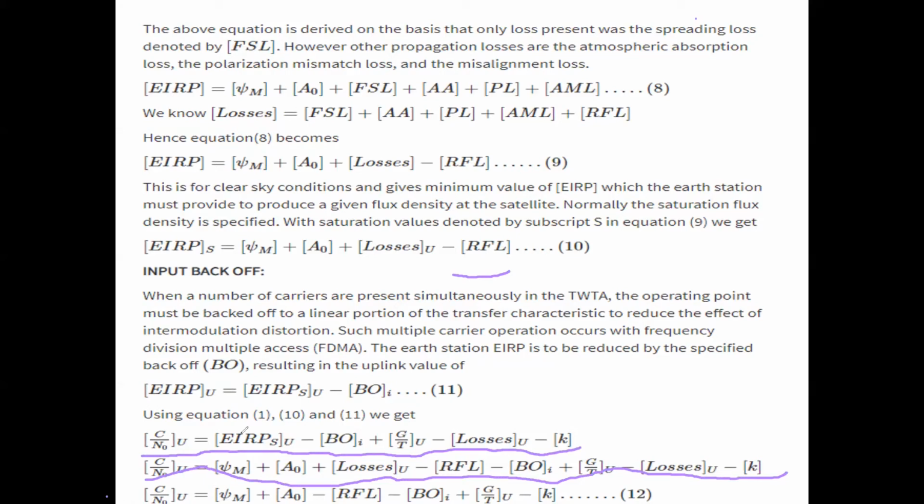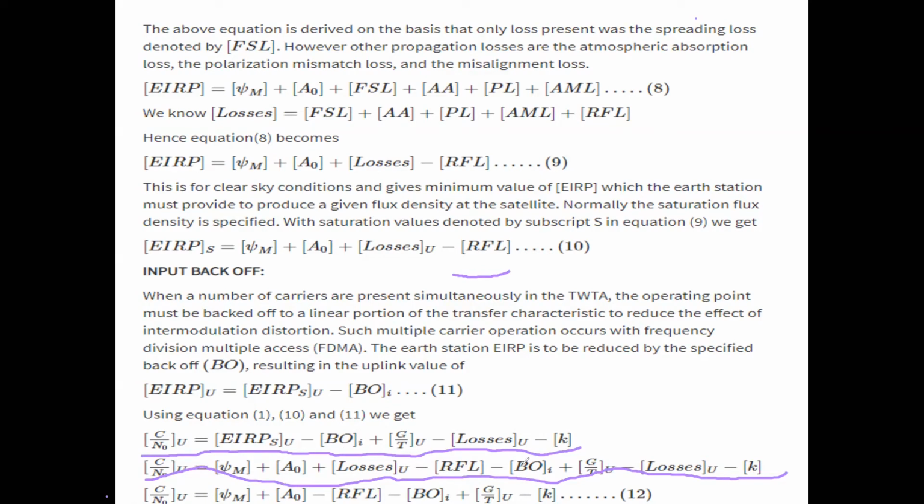I have simply replaced EIRP by the expression that we have derived, the plus losses and minus losses get cancelled, and what remains is C by N equals flux density plus the effective area minus the feeder losses minus back off plus G by T minus K. Any doubt in this?